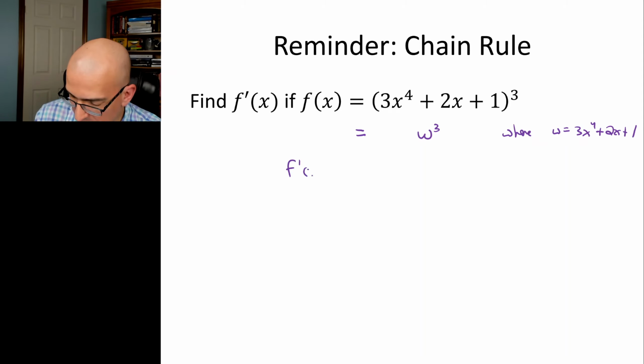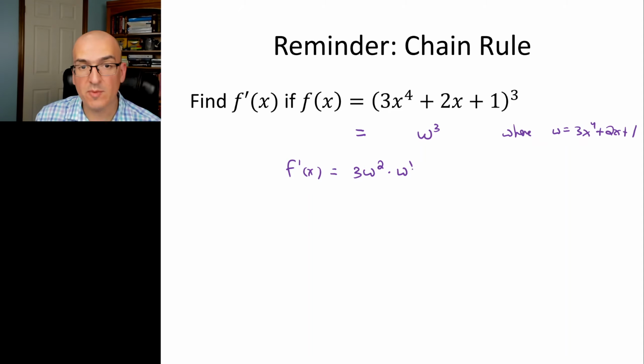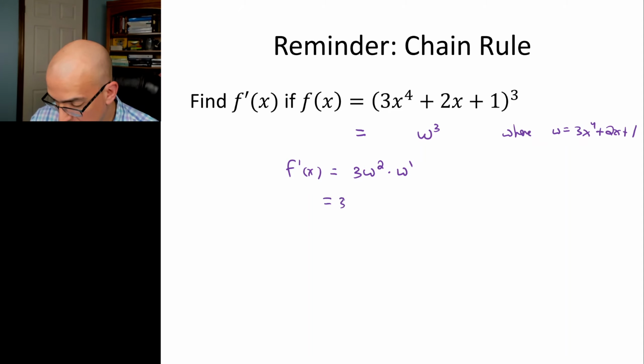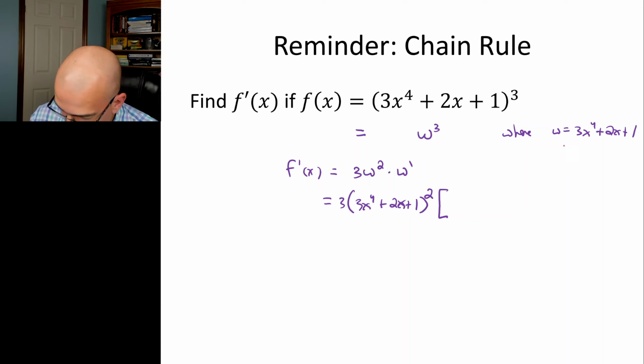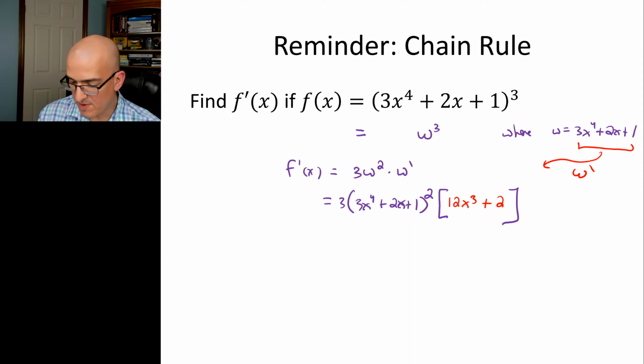Then the derivative, f prime of x, will be 3w squared times w prime, and now we'll substitute in the pieces. 3 times (3x to the 4 plus 2x plus 1) all to the power of 2 multiplied by w prime. So when we take the derivative of that, we'll get 12x to the 3 plus 2 using the power rule.